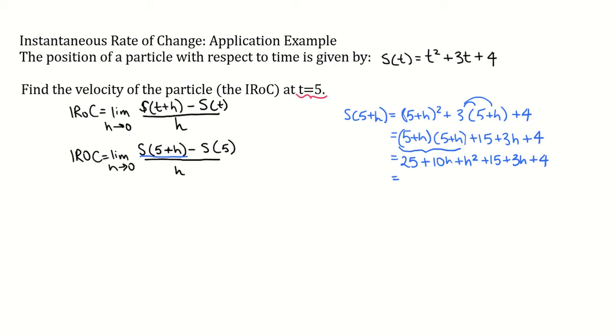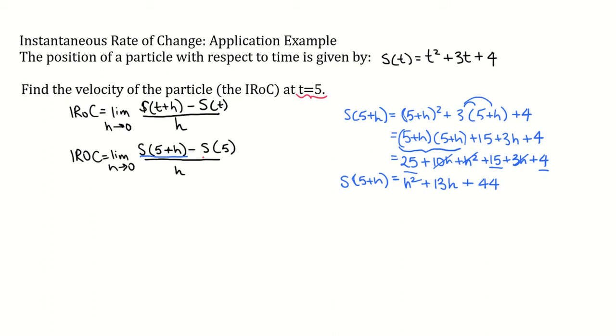Combining terms and writing them in order, we get h squared plus 13h plus 25, 15, and 4 is 44. So this expression gives s of 5 plus h.